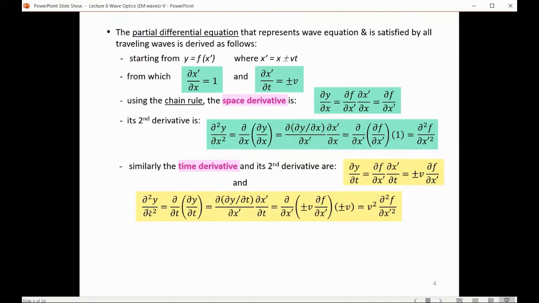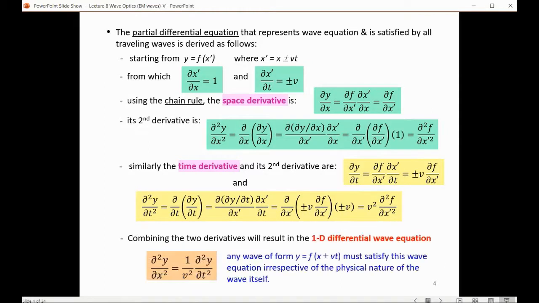And taking the second derivative, it will be equated to taking the time derivative of del y del t, then we multiply by del x prime del t, whereby del x prime del t here is substituted with plus or minus v, and del y del t is given by plus or minus v del f del x prime, and from this we will get v squared del squared f del x prime squared.